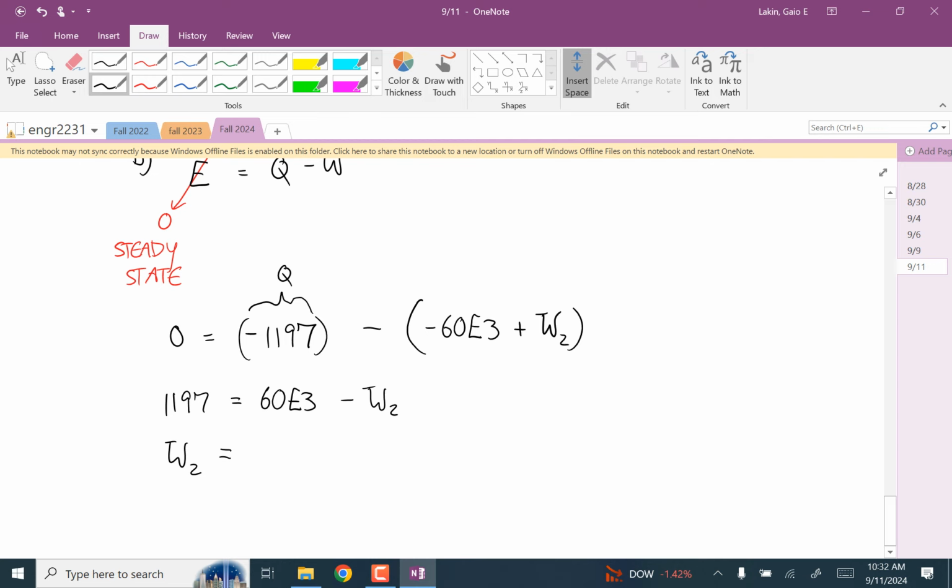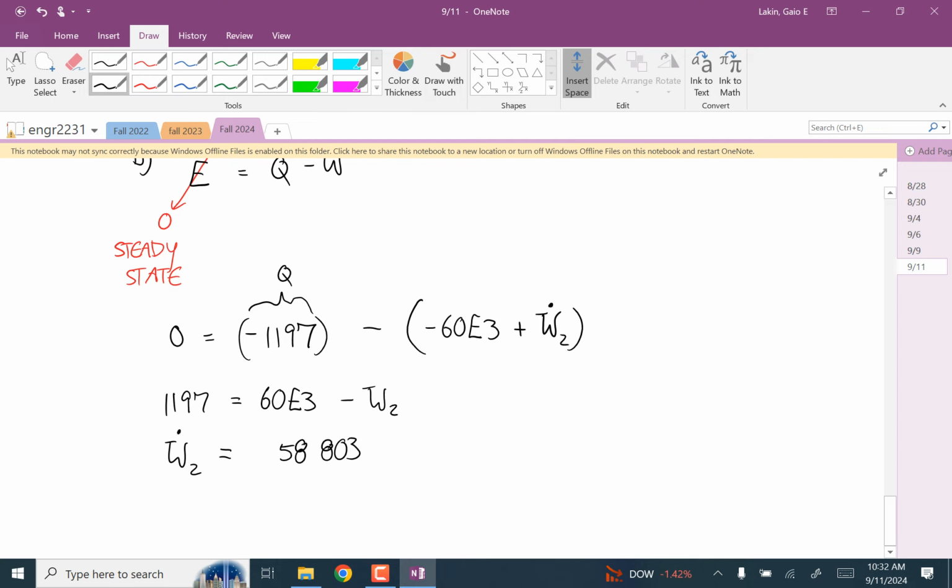So W2 is equal to 58,803. And this should be W dot.